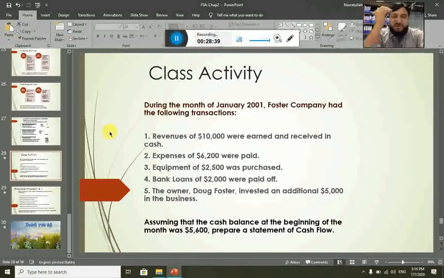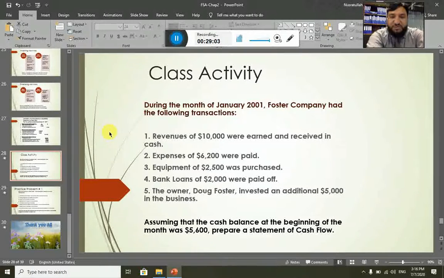So let's talk about this example. There is a company by the name of Foster Company. In the month of January 2001, they have the following transactions, and we are required to prepare a cash flow statement. The revenues are 10,000. Expenses were 6,200.